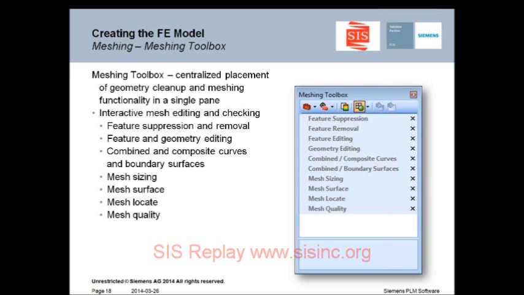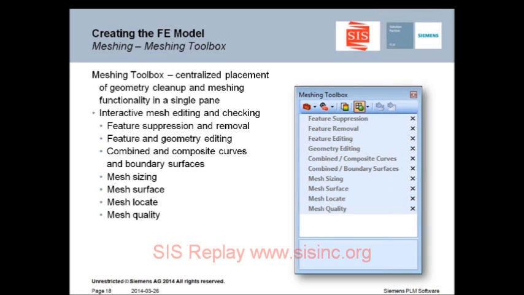So we have a look at the meshing toolbox here. This is basically everything that you can do in the meshing toolbox. You can go from suppressing features to completely removing them from the model. There's feature editing, the geometry editing, the combined curves and surfaces that we saw a couple of slides ago. You have complete control over mesh sizing. You can control mesh surfaces.